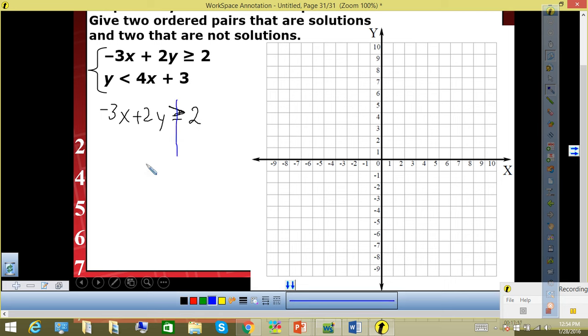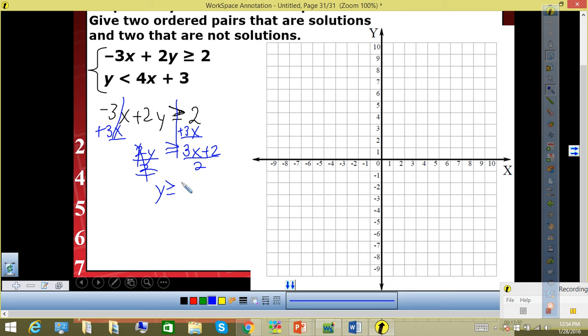All right, so what do I do? Add 3x. We're left with 2y greater than or equal to 3x plus 2. What else? Divide by 2 on both sides. Y is greater than or equal to, remember for slope we don't need decimals, we need fractions, right?